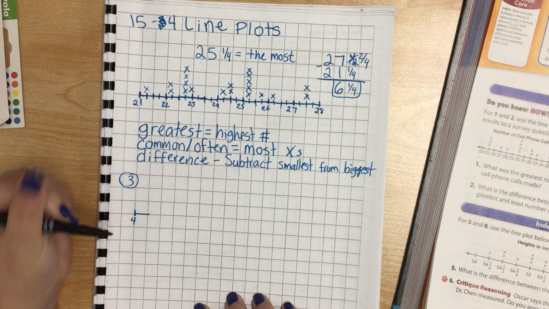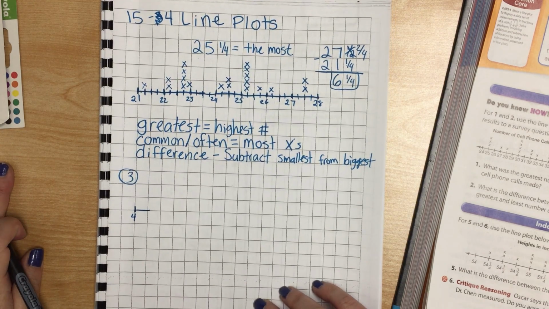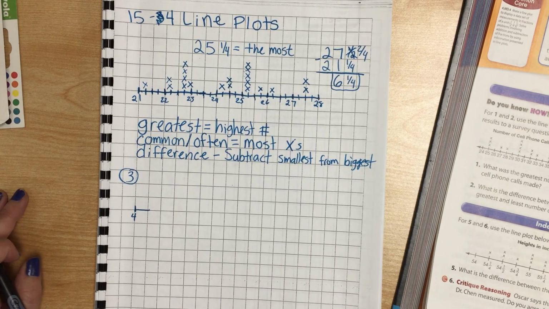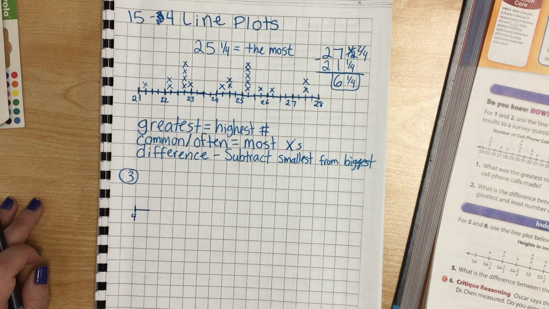So my first number there is 4. Then I have to find all the way up to my highest number, which is 9.5. So you make it to 10? So I'll make it to 10.